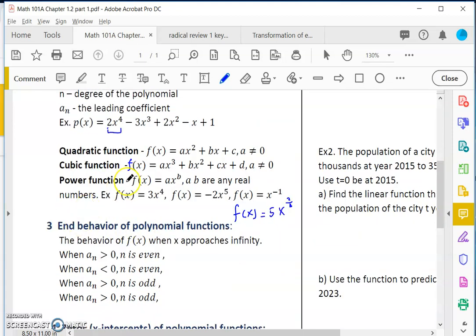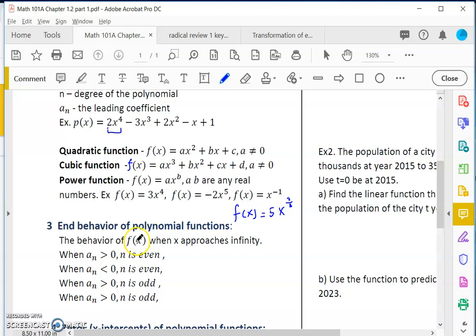So we want to talk about end behavior of polynomial function. We know how the function looks is that it consists of all integer powers of x. But if we graph it, how does it look?